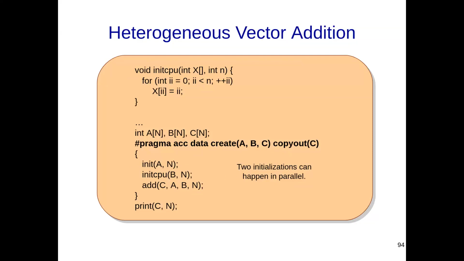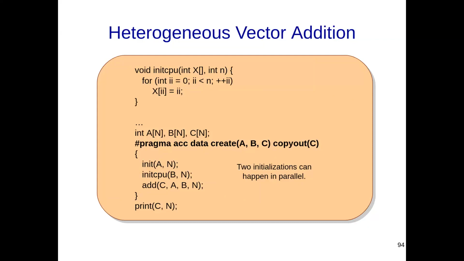But if there would have been a pragma directly here, and we use async there, then init CPU can happen in parallel with that pragma, as we have seen in the kernels construct. There, the initialization of A and B can actually then happen in parallel on CPU and GPU. Okay. All right. So which might be helpful in some cases.